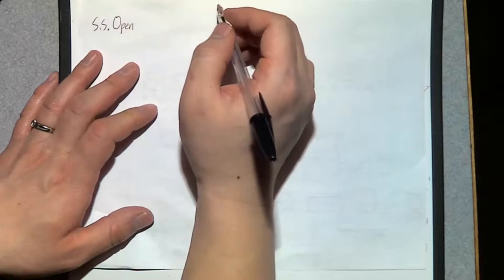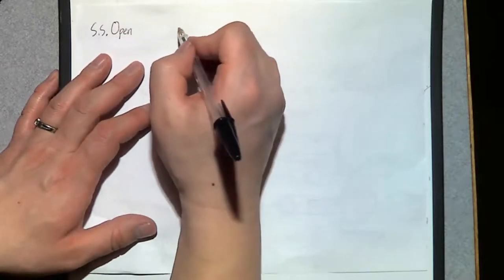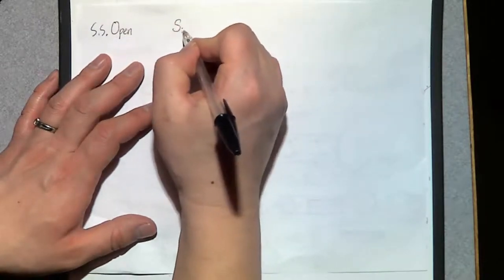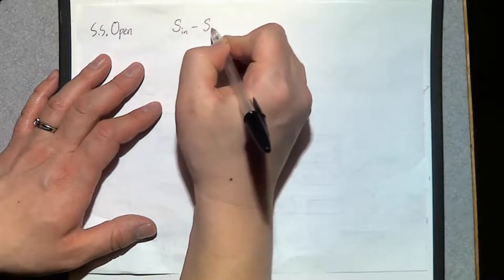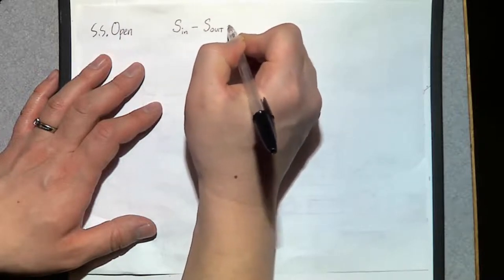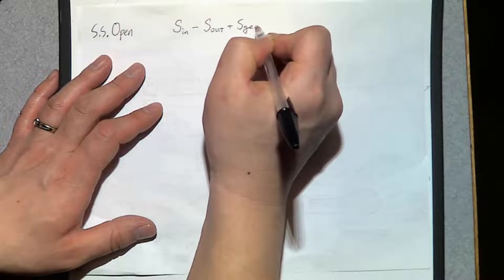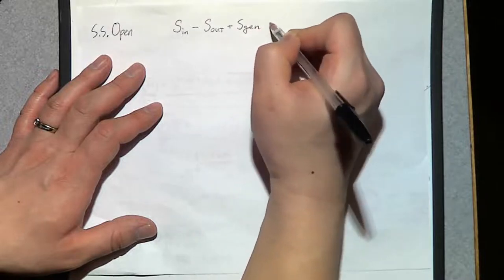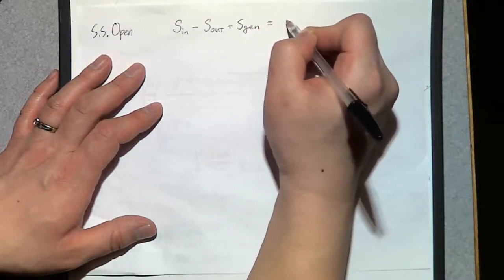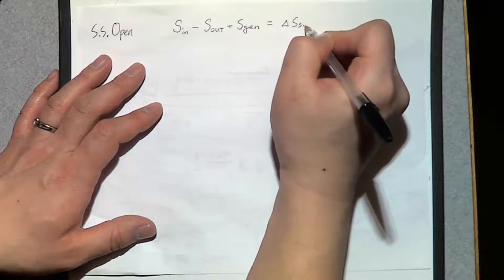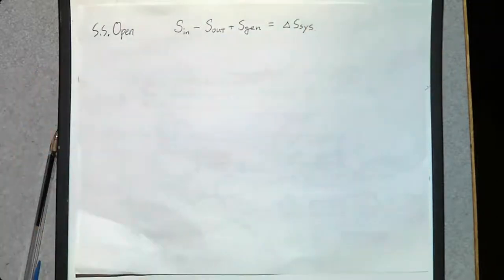So this is a compressor system, open, steady state. The balance equation is going to be: entropy that goes in minus entropy that comes out plus entropy that is generated by the system should be the same as the change of entropy of the system. So this is the entropy balance equation in general.